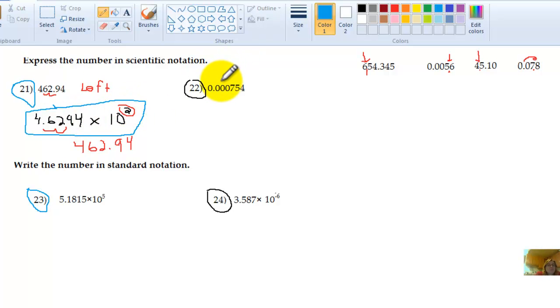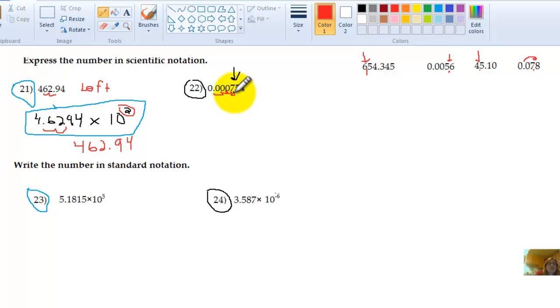In this situation, problem 22, we are trying to do the same thing where the destination is to get that decimal between the 7 and the 5, so the 7's in the ones place. So when we do that, we have to count how many places we're moving. 1, 2, 3, 4.